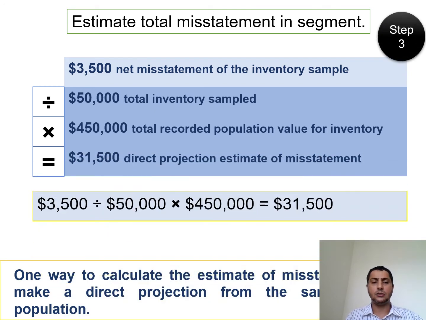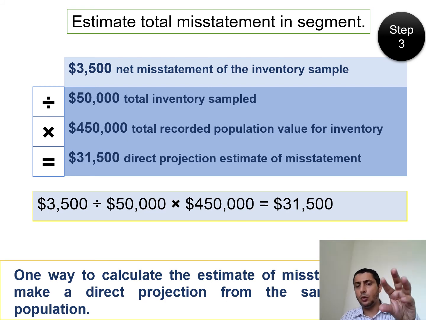That brings us to 31,500 direct projection estimate of misstatement. This is the estimated misstatement of the inventory.